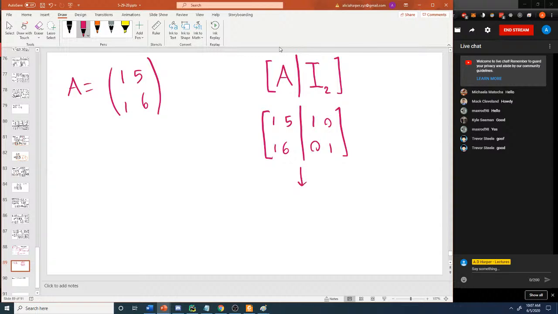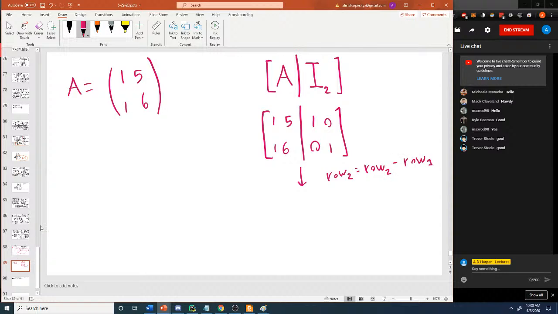Looking at this augmented matrix, I could first take row 1 and subtract it from row 2. So row 2 is going to be equal to row 2 minus row 1.